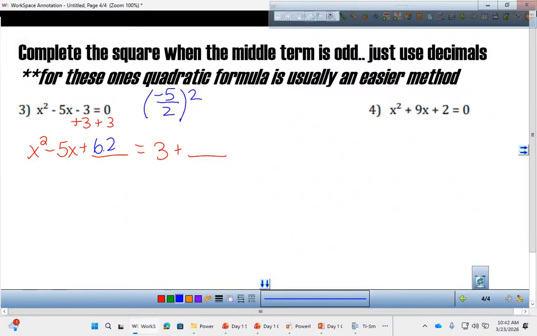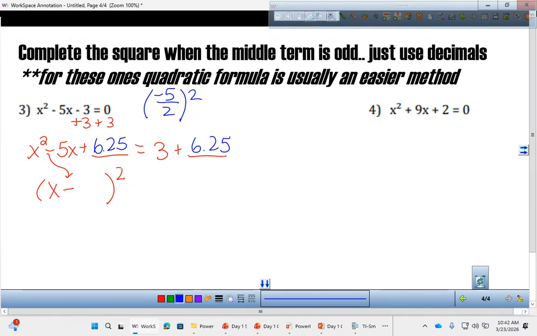And I just have to make sure I add it to both sides of the equation. Now I'm going to do my perfect square trinomial. In order to do this part, you want to bring down this symbol. So since this is a minus, this is going to be a minus. If that was a plus, it would be a plus.